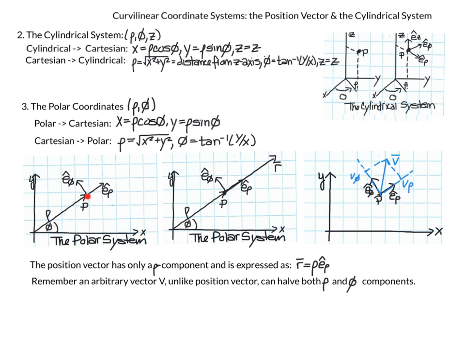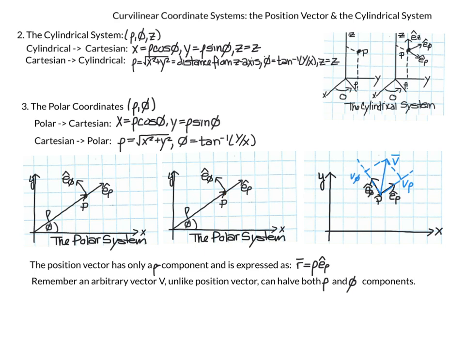Here I have a drawing of our point P. So rho is the distance from the origin to P, and phi is our angle between the x-axis and our vector. And then we still have our basis vectors, which we put at the point, our basis with respect to rho, and our basis with respect to phi. Another note, the position vector has only the rho component and is expressed as r is equal to rho times the basis vector.